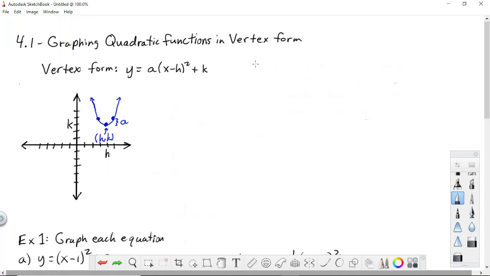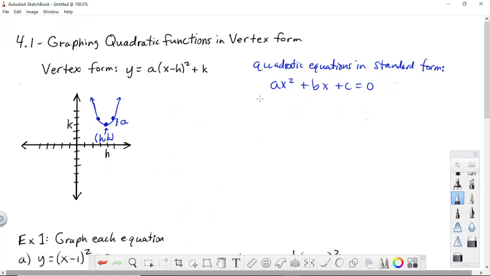We've been dealing with quadratic equations in standard form, and they look like this. This is the standard form of a quadratic equation.